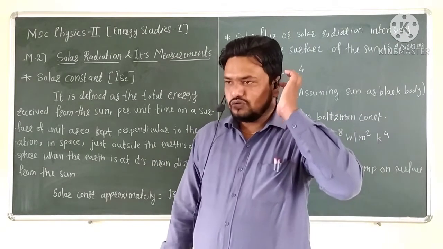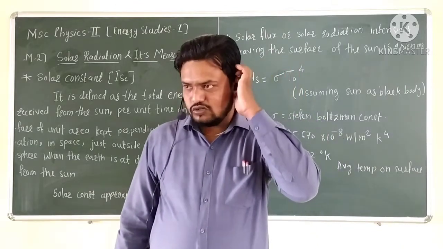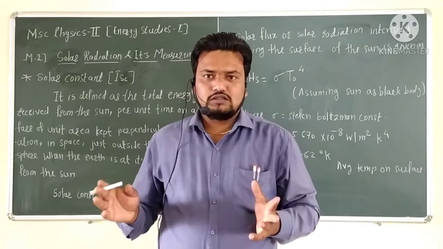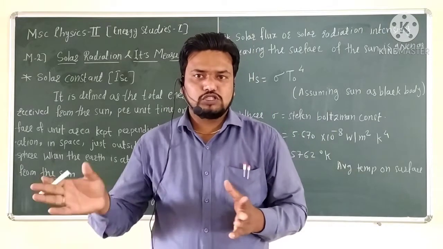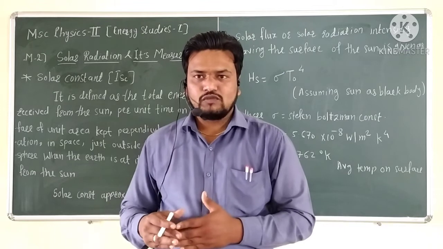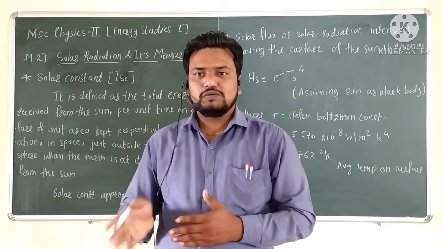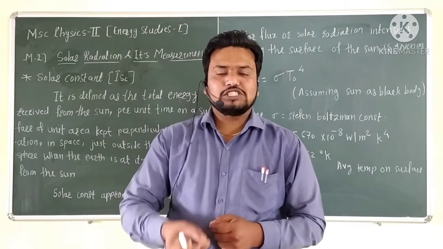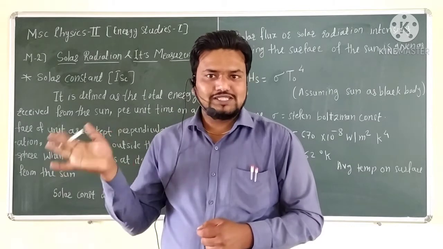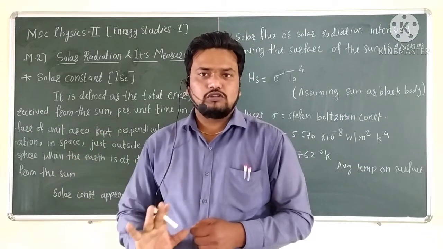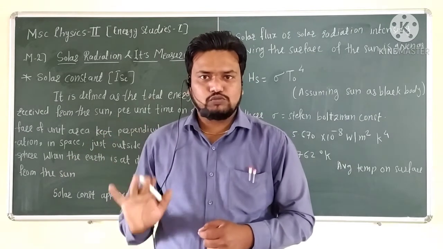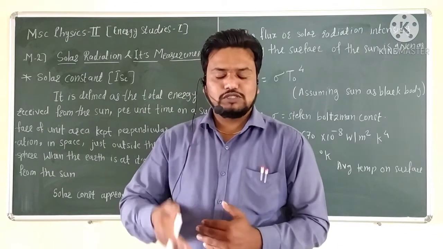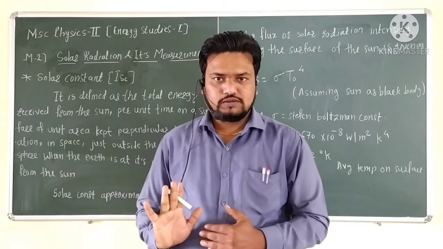Okay, so we have to know the diameter of the sun, the diameter of the earth, and the relationship of the mean distance from the sun to the earth. When the earth is at the mean distance, the radiation emitted from the sun and incident on the earth's atmosphere has a constant value, which is nothing but the solar constant.